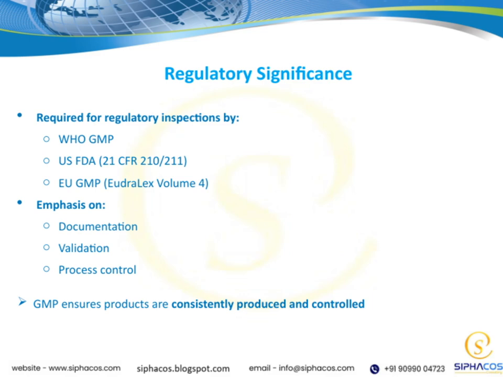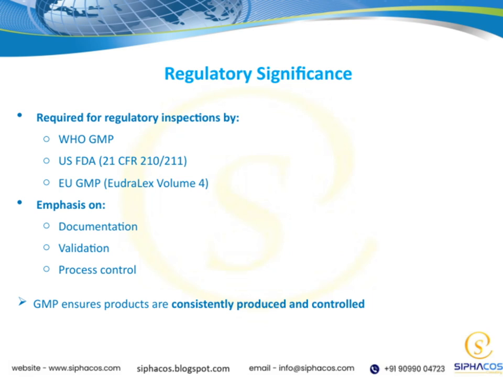Now, what does that really mean? Well, the focus is on key areas such as documentation, validation, and process control. Proper documentation ensures traceability and accountability. Validation verifies that processes consistently produce quality products, and process control helps maintain consistency throughout manufacturing.